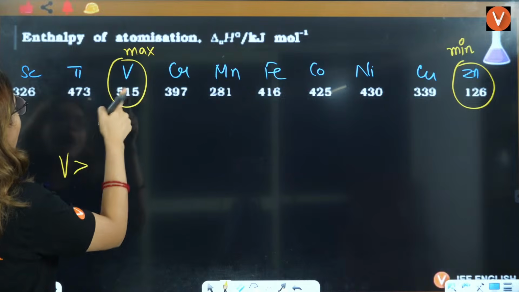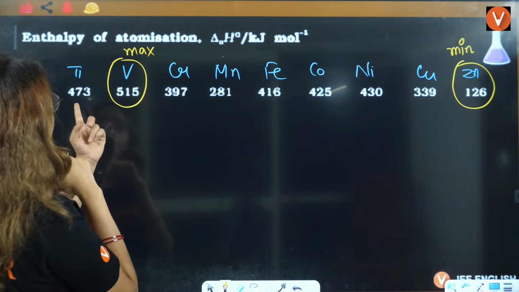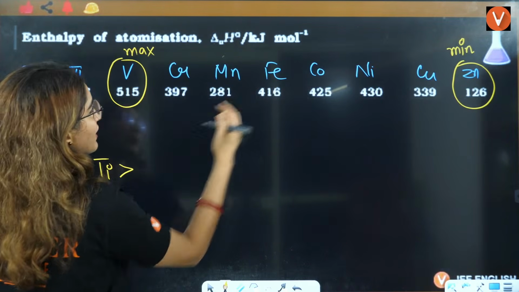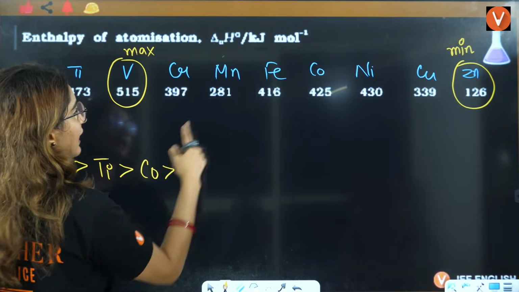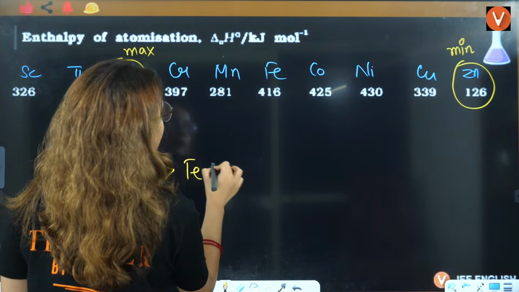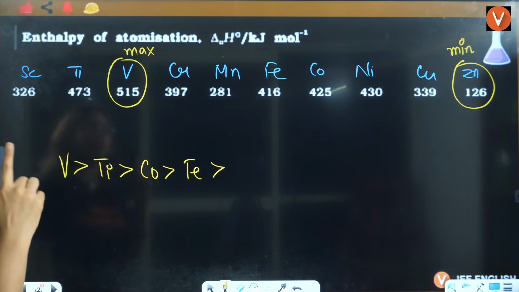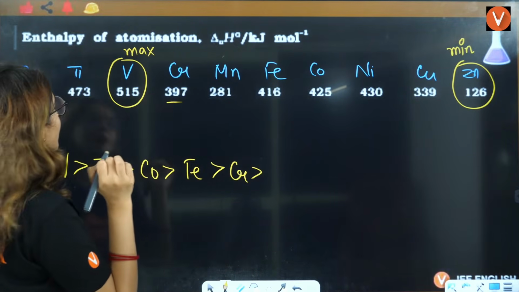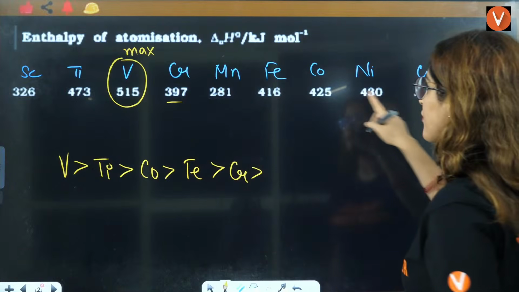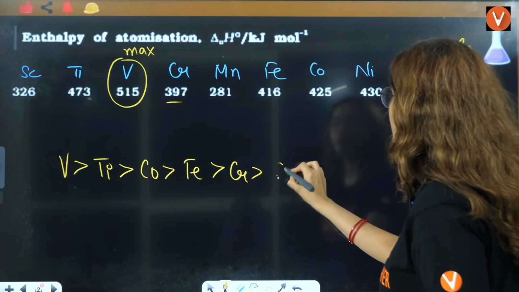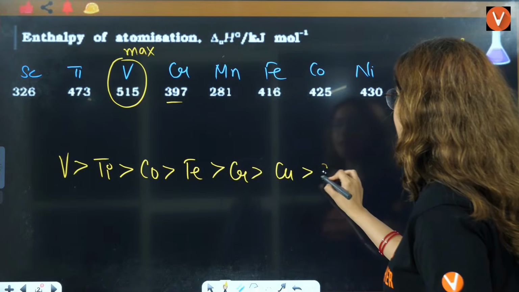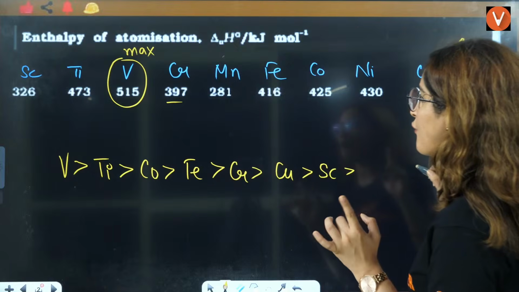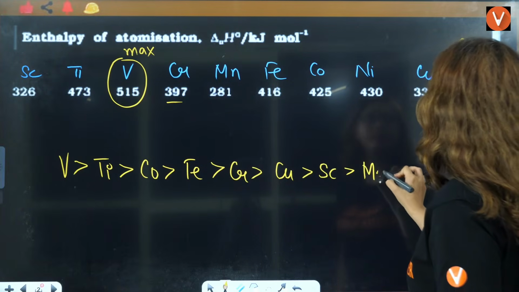So after vanadium, you see 473, that is titanium. After titanium you have cobalt, then after cobalt you have iron. Then after 416 you have chromium. After chromium you have 339, that is copper. Then you have scandium. Now manganese and zinc remain.